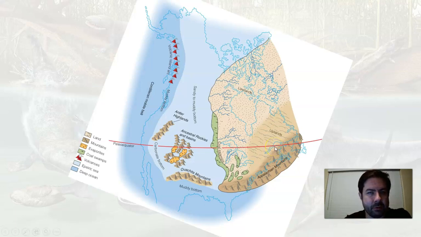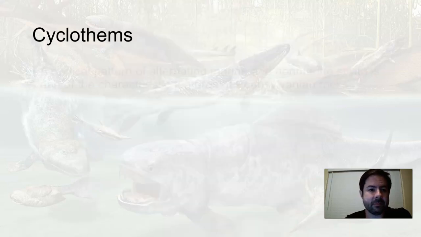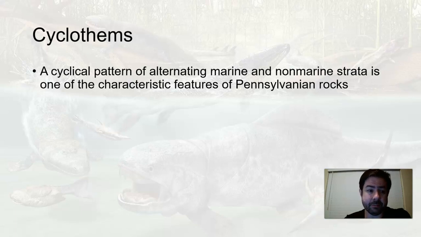But some of the most important things that come out of this time period are going to be these coal swamps. And these coal swamps serve a very big purpose, and they are a big reason we are the country we are today. So let's talk about something called cyclothems.